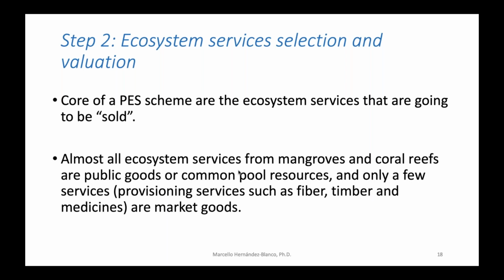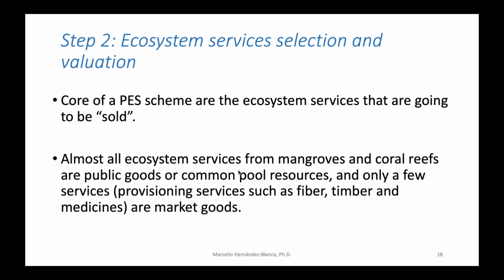Almost all ecosystem services of mangroves and coral reefs in this case are public goods or common pool resources, and this presents quite new challenges on how you manage them. There are a few, for example fiber or timber, that are within the market, but at least in Costa Rica, these products of these ecosystems are illegal.